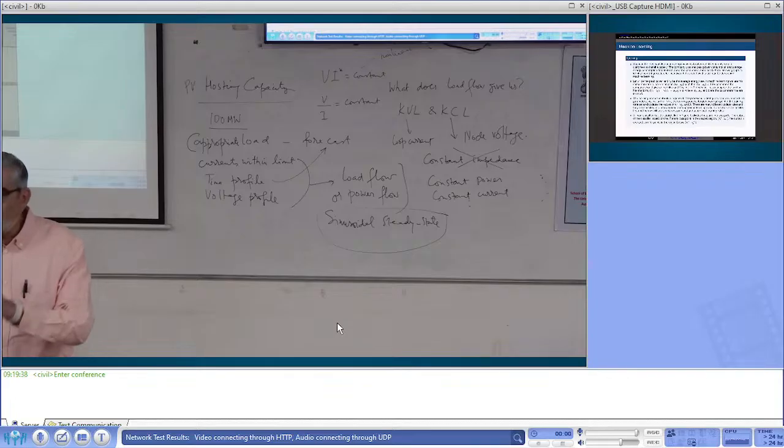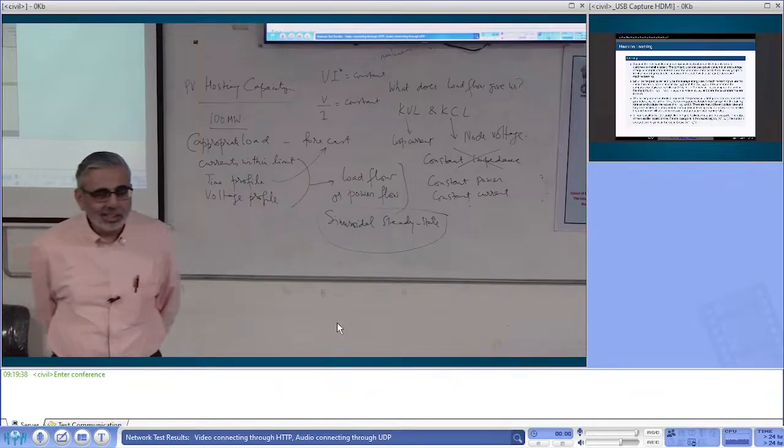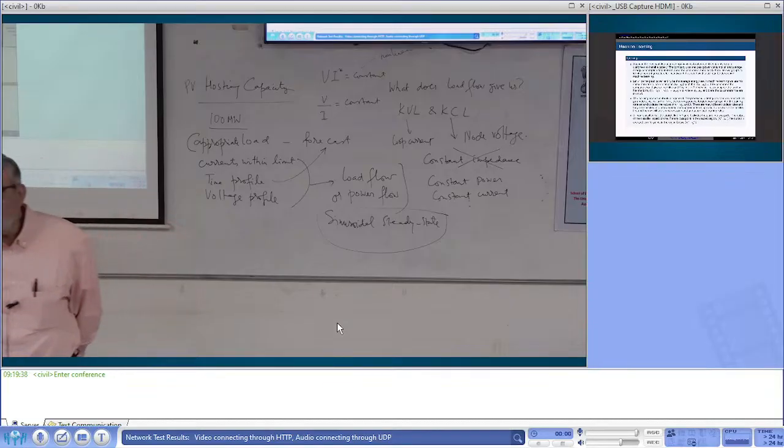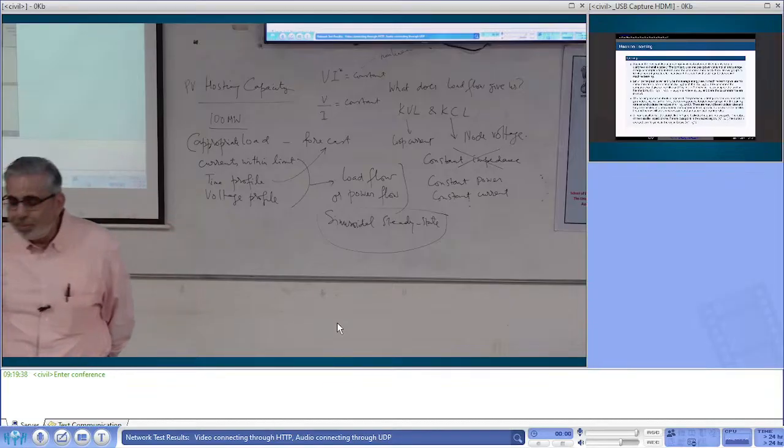This is the basic power system operation work. That is what people in power companies who work in analysis do. They do these things multiple times. So why do they have to do it multiple times?